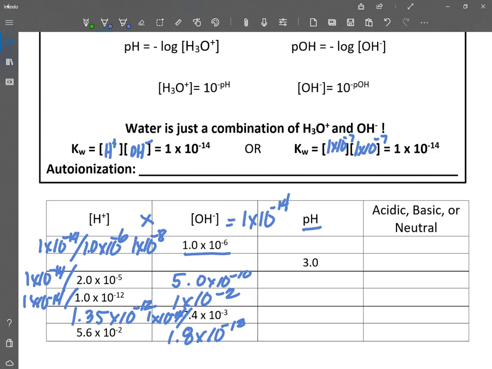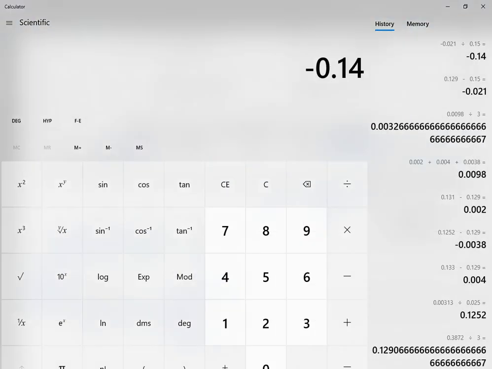That P actually stands for the negative log. The H stands for the hydrogen ion concentration. So if we know the hydrogen ion concentration, which we just calculated, we should be able to use a calculator and figure that out.